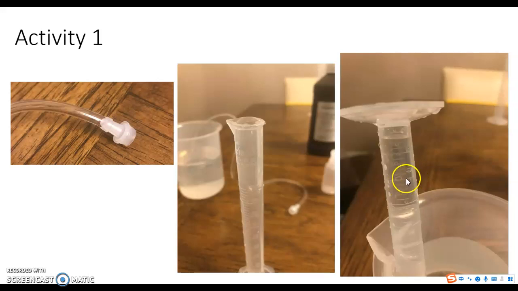Then you can record the final volume as 2 ml. And for delta V, simply subtract 0.4 ml from 2 ml. That's 1.6 ml. And that's your delta V.